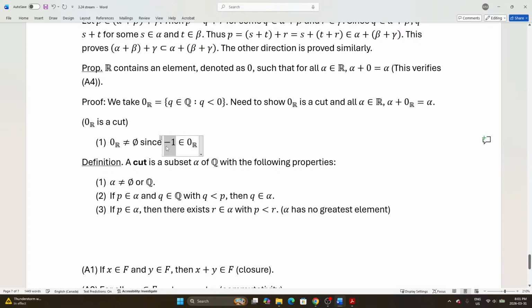So the rational number -1 is in the cut 0R. This is what we mean.